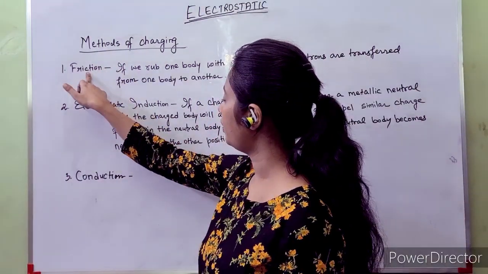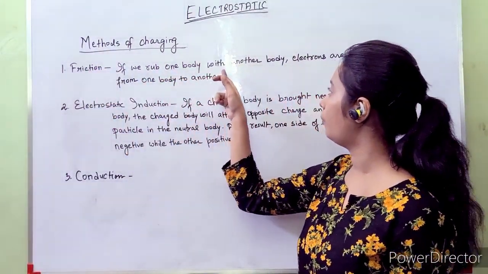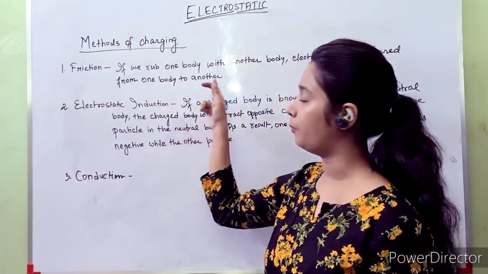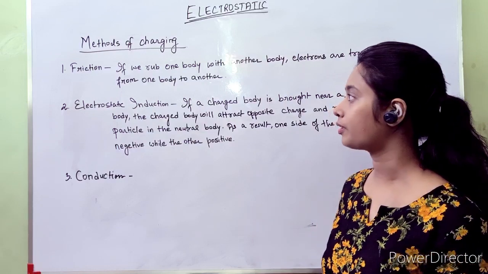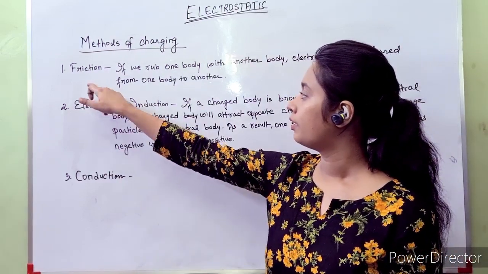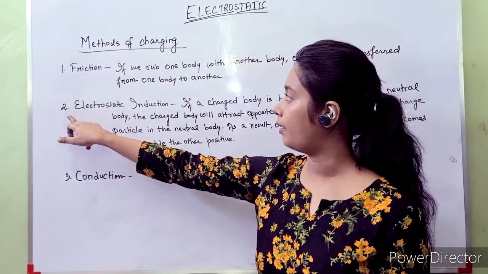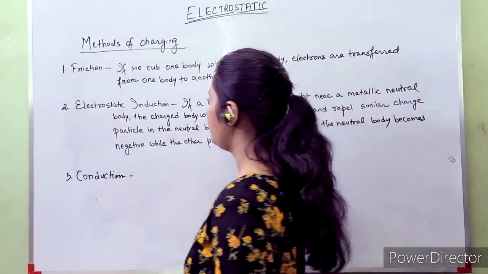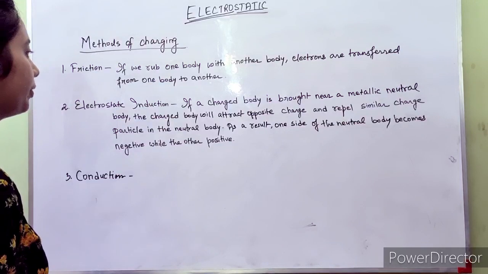The method of friction is when we rub one body with another body, electrons are transferred from one body to another body. Now, the second method is electrostatic induction. What do you mean by electrostatic induction?